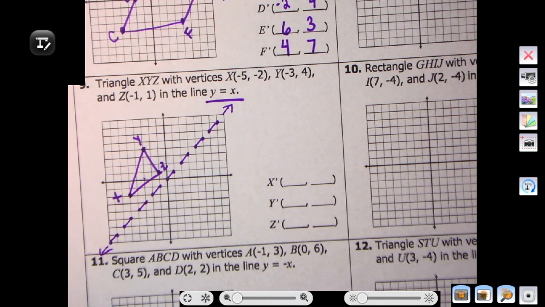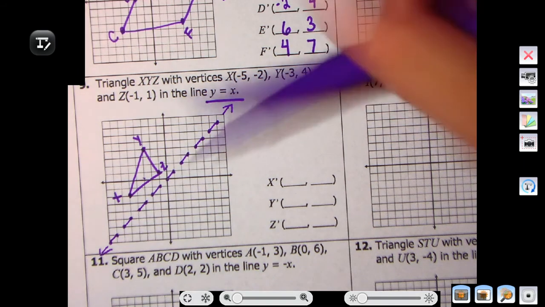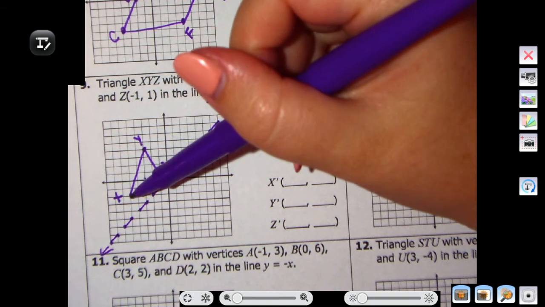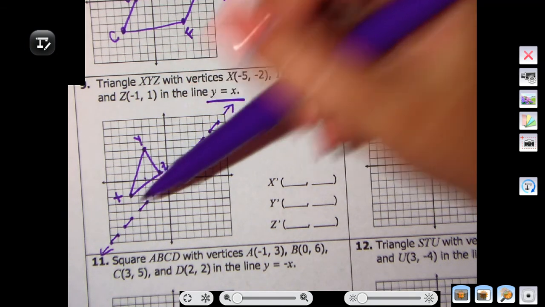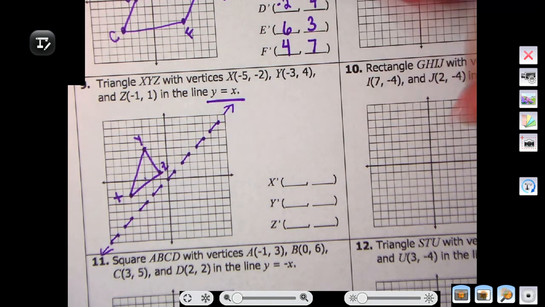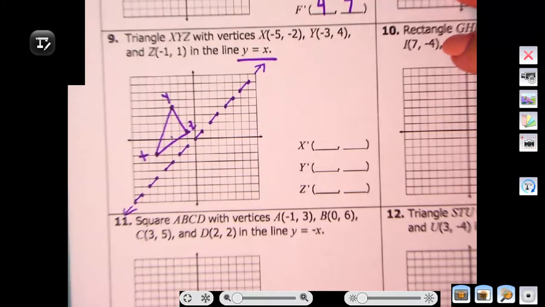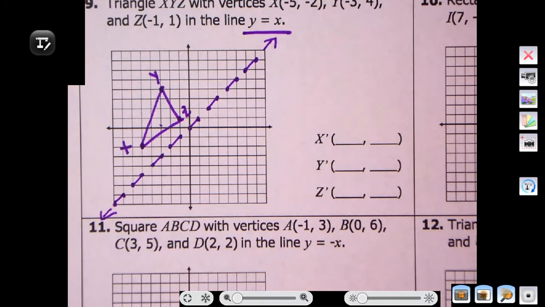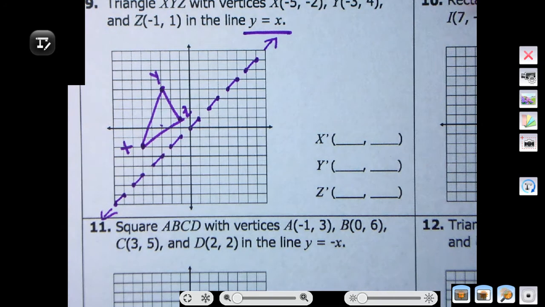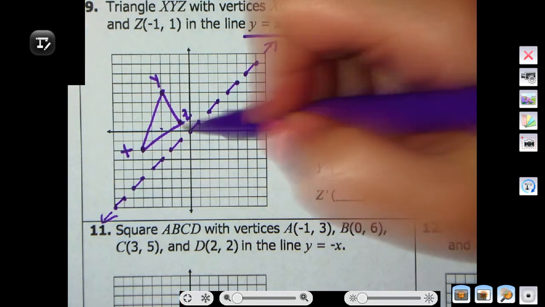Okay, so now I'm reflecting diagonally here. So I'm counting my boxes still, but it's going to be diagonal. So you're going to have to be a little bit more careful and precise with these so they're the same distance. So like when I do Z, I can see it's one box still diagonally.